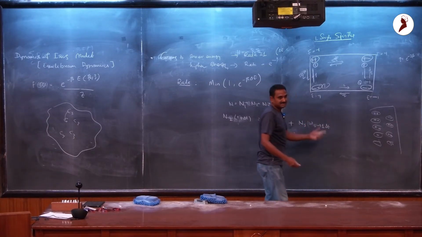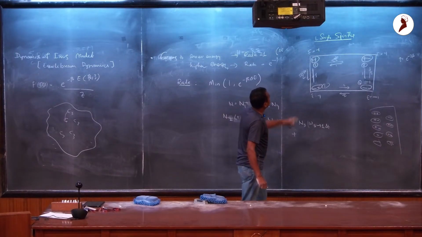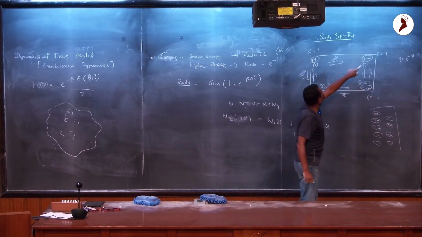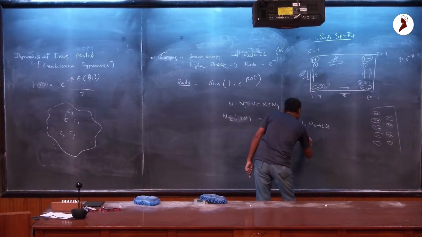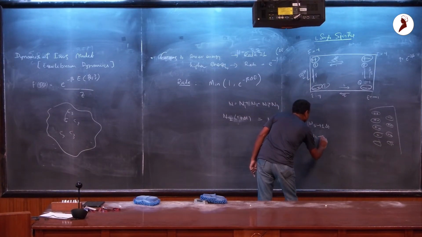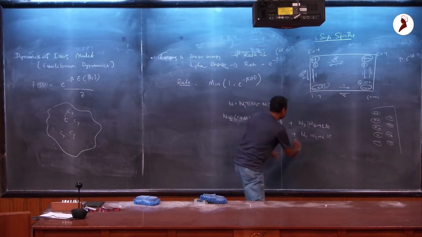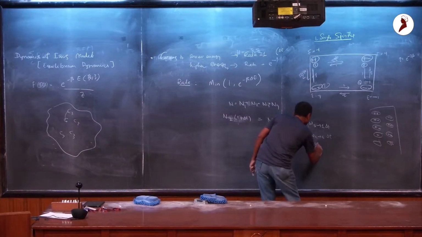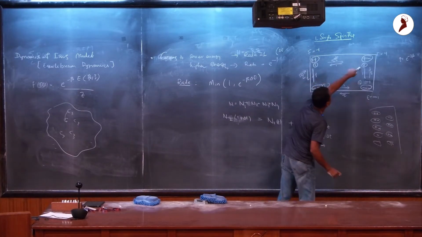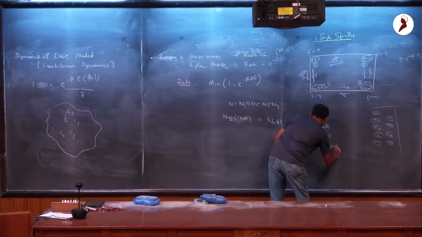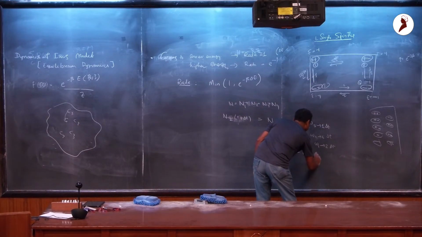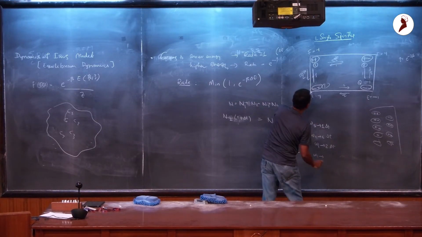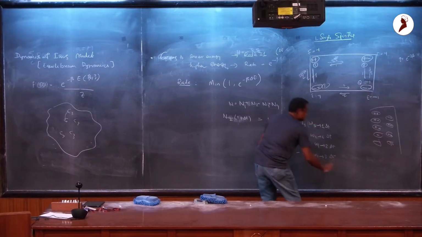Can you complete this? What are the other gain terms? One comes from n2, so plus n2 W2 to 1 delta t, and minus n1 W1 to 2 delta t, minus n1 W1 to 3 delta t.